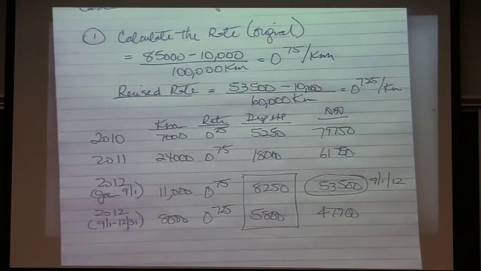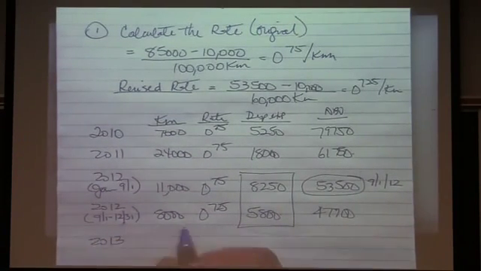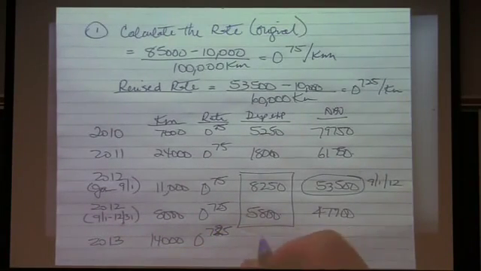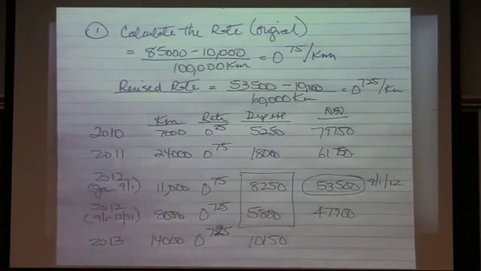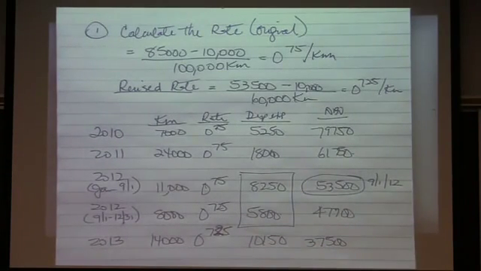Now if we continue on, you'll see that in 2013 the total kilometers was 14,000 in our new estimate, and we're going to multiply by 0.725, and that should give us 10,150. Net book value is 37,550, sorry.